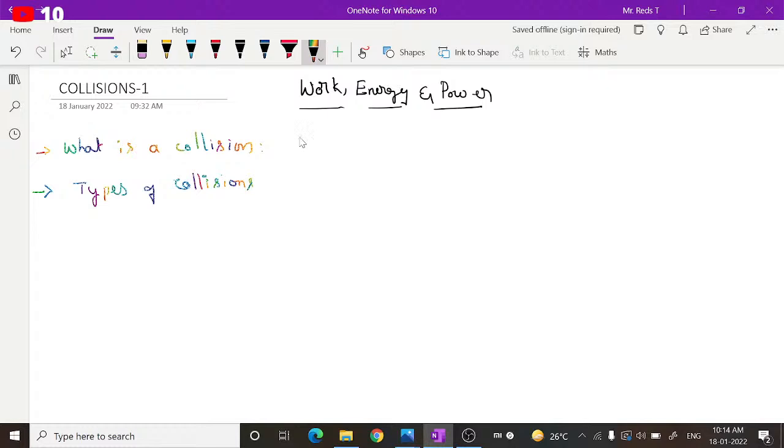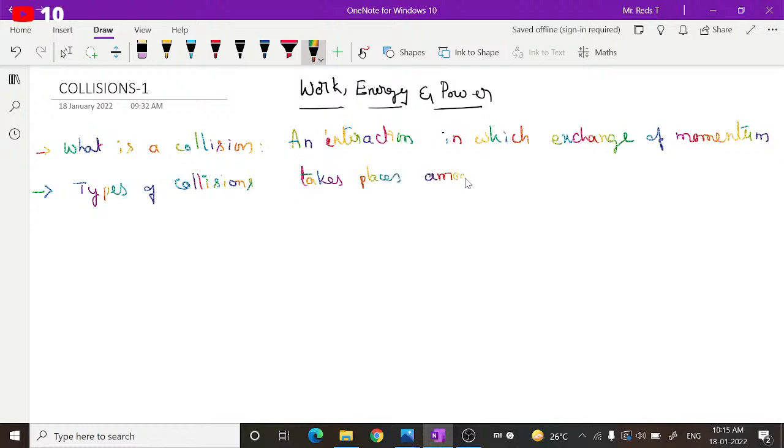If anyone has missed the previous session, you can write down what a collision is: an interaction in which exchange of momentum takes place among the bodies is called a collision.